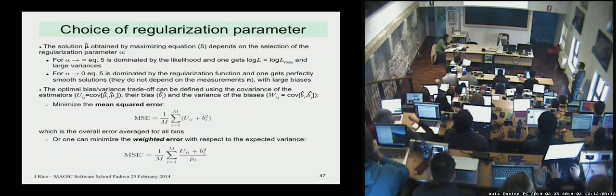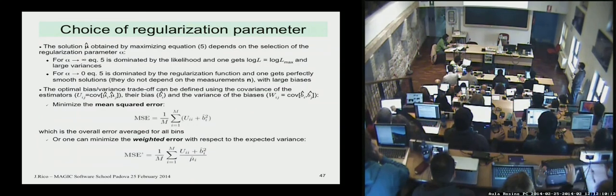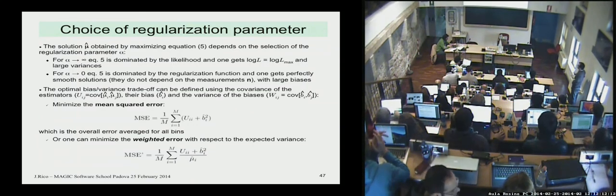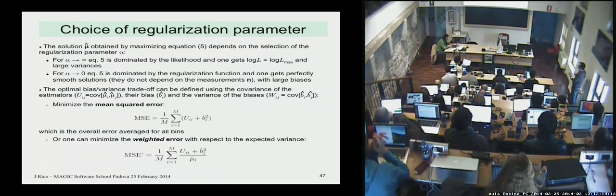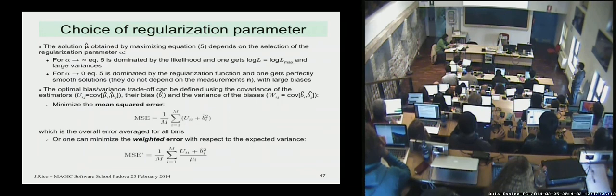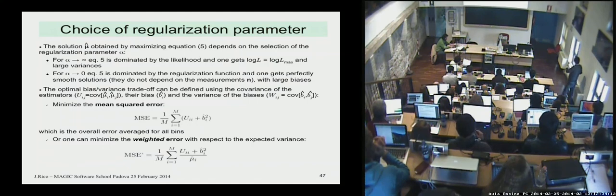There are standard methods to compute, starting from the regularization method and the covariance matrix for the measurements, the covariance matrix for the estimated mu's. We can also estimate the bias of the estimators of mu, and we can also estimate the variance of the biases. Okay, and that we call W.